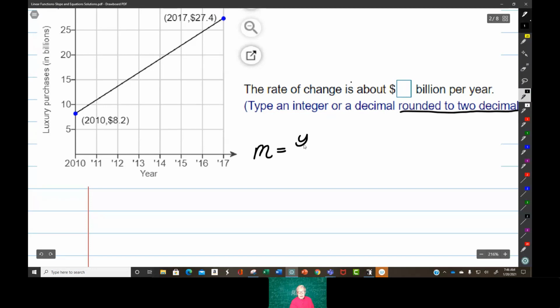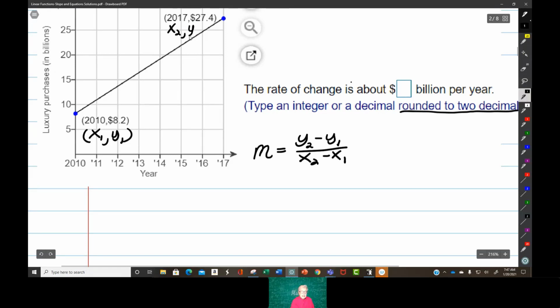So M equals, are you ready? Do you remember this? Y2 minus Y1 over X2 minus X1. That means you choose one point, how about this one, to be X1, Y1, and the other point to be X2, Y2.